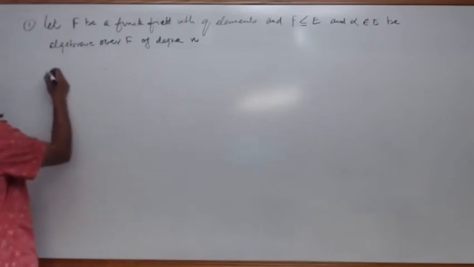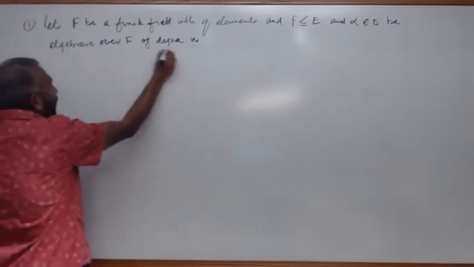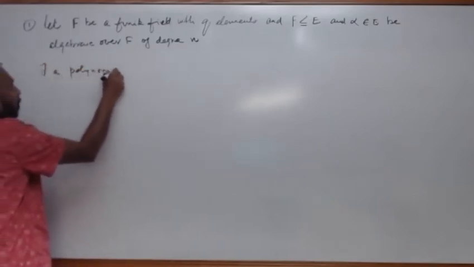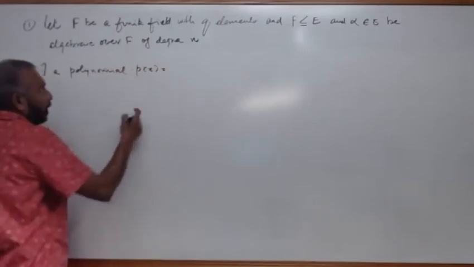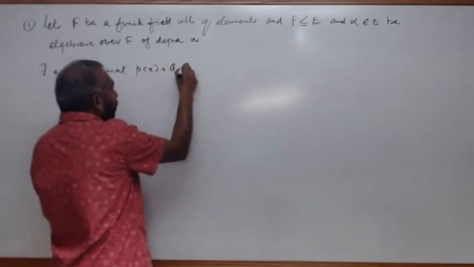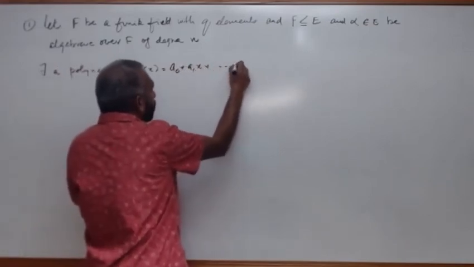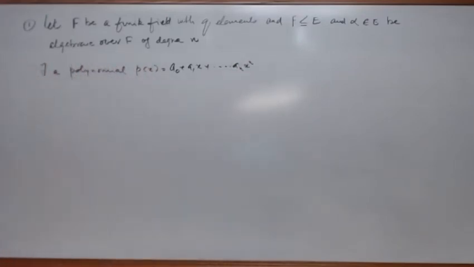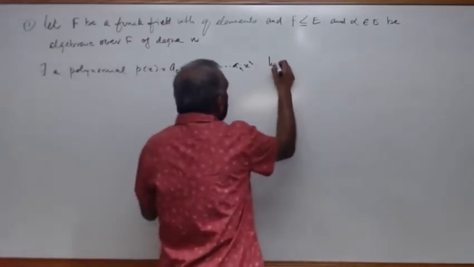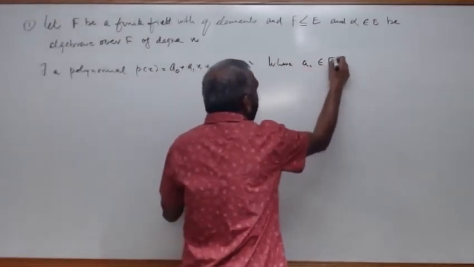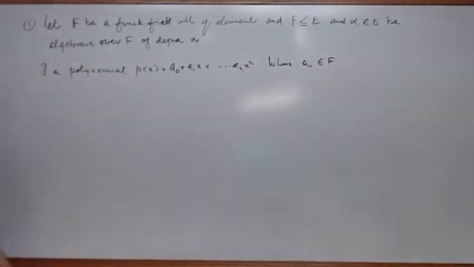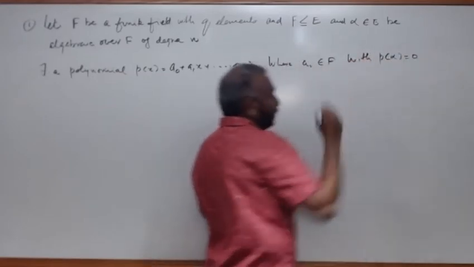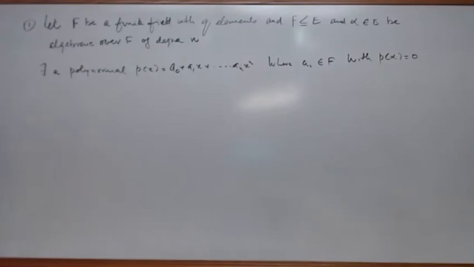Algebraic over F of degree n means there exists a polynomial P(x) of degree n, where the ai belong to F, with P(alpha) equal to 0.